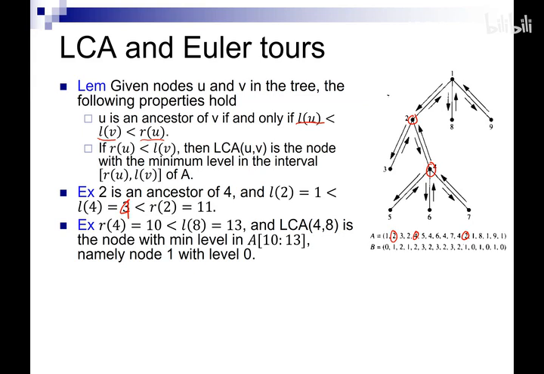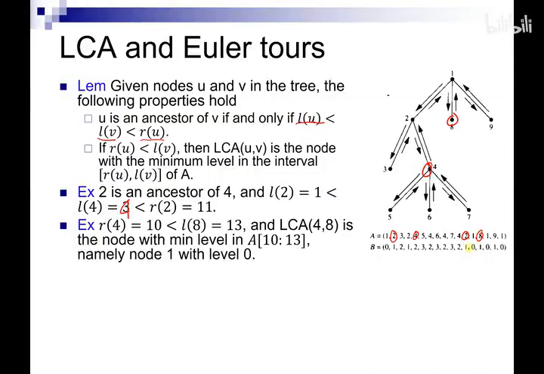Now as an example of the second part, we have that if you look at 2 nodes where R of U is less than L of V, for example, R of 4 is going to be equal to 10. If we're looking at nodes 4 and 8, their LCA is actually equal to this node 1 over here, and we have that R of 4 is equal to 10, and then the first occurrence of 8 is at index 13 over here.